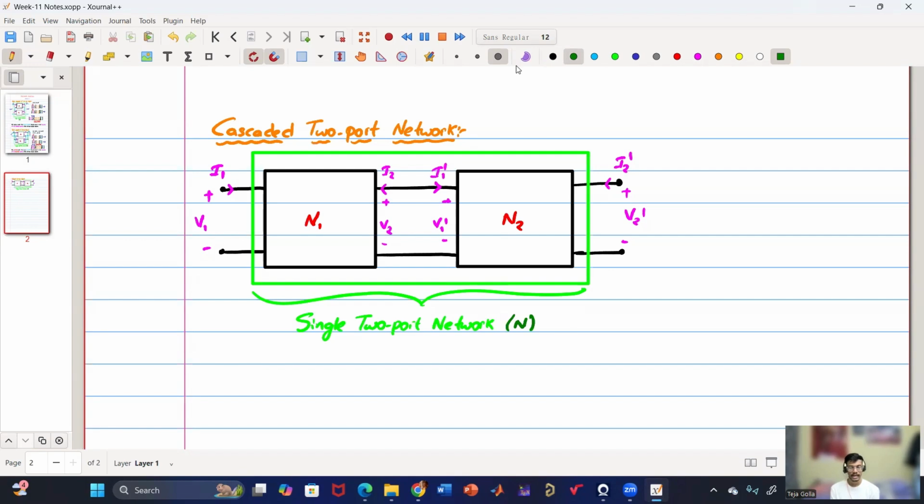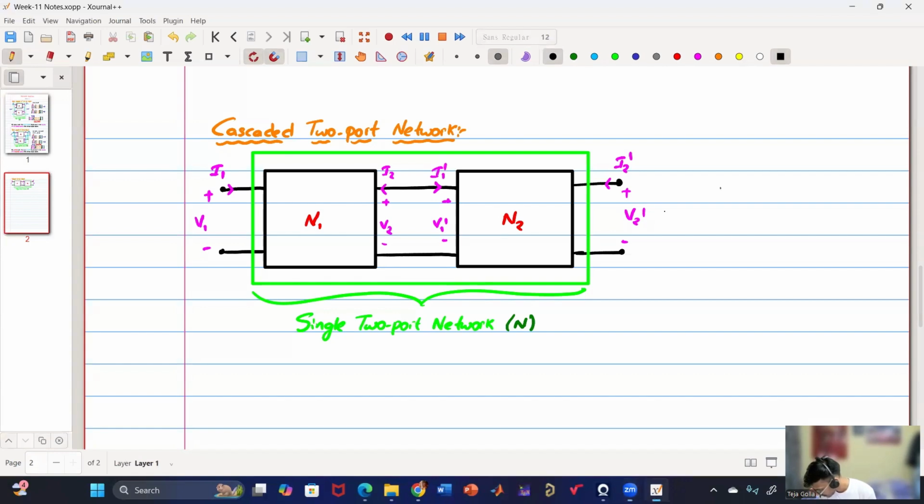First of all, can anyone tell me the relation between I2, I1 dash and V2 and V1 dash, looking at the circuit? Someone is saying V1 dash equals V2. Yes, very good.